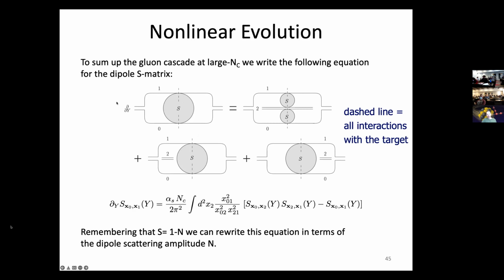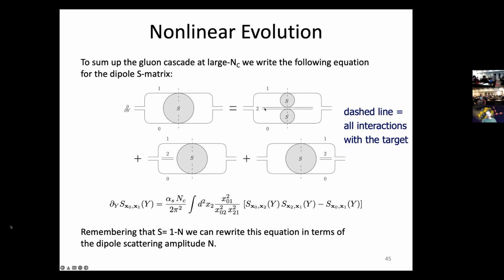If you start with a dipole, you increase rapidity, or you decrease x, or you increase energy, it's all the same. Per one step of evolution, you emit a gluon, and the dashed line is the interaction with the target, and this shaded blob here means everything, right? We have this cascade of gluons or dipoles we have to resum, and then that cascade interacts with the target at this dashed line.